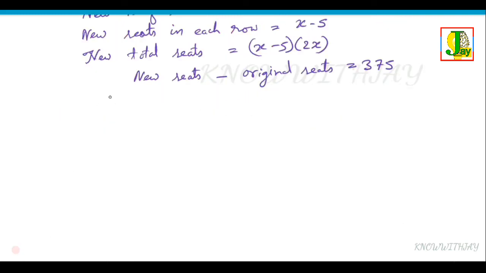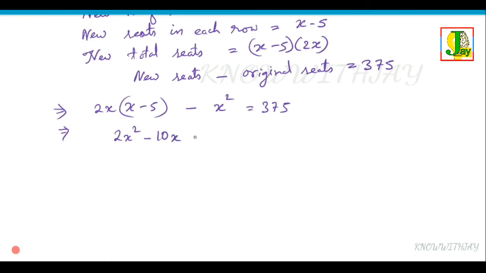So we found the expression. Now let us write it in terms: x minus 5 into 2x minus the original number of seats, x squared, equals 375. Now you can reduce this to a quadratic equation. We have 2x squared minus 10x minus x squared minus 375 equals 0.